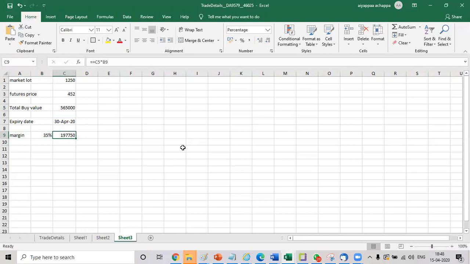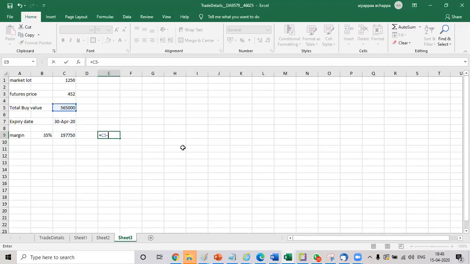So you just have to pay 1,97,000 and you make a deal to buy it at 457. So the capital you will be saving here, you are not paying the full 5,67,000. You are only paying 1,97,000. You are saving 3,67,000. Now by 30th April, the agreement was done on 15th April.